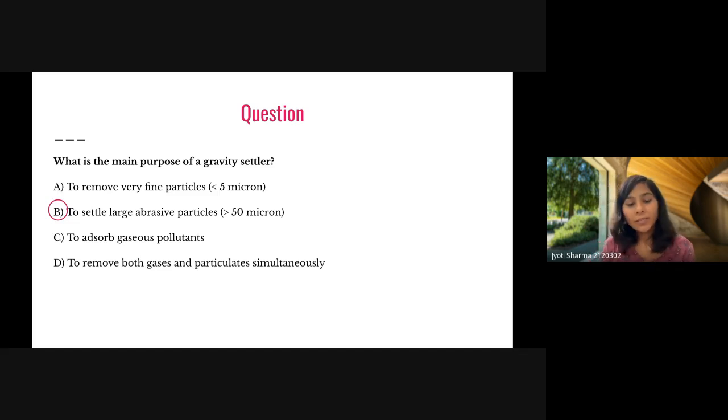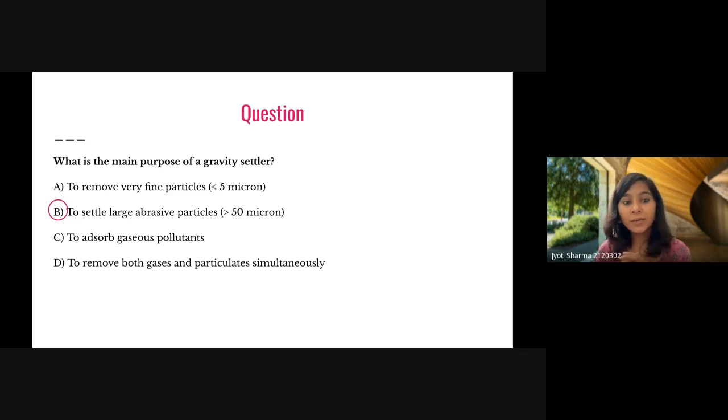Yes. Because in the gravity settler we are just taking the help of gravity, and we are giving the particulate matter or air some time so it can settle down under the effect of gravity. Because this is kind of passive, we are not using any energy. So this is a crude way by which we can remove particulate matter.